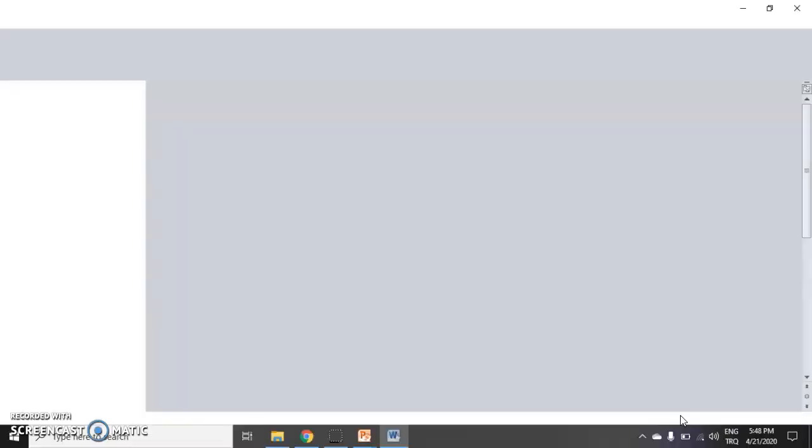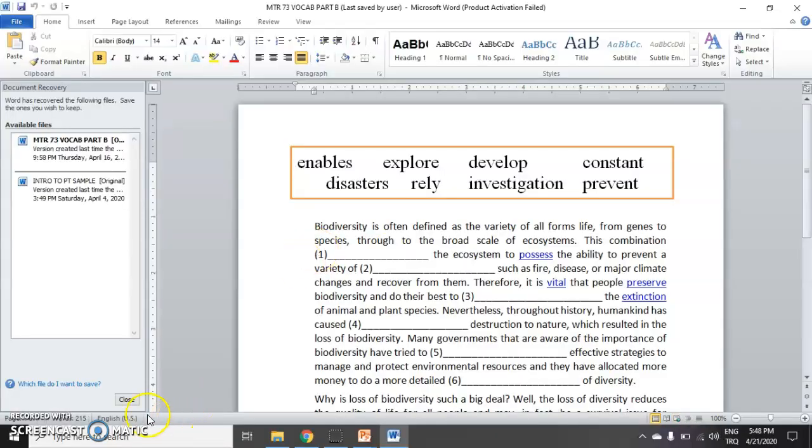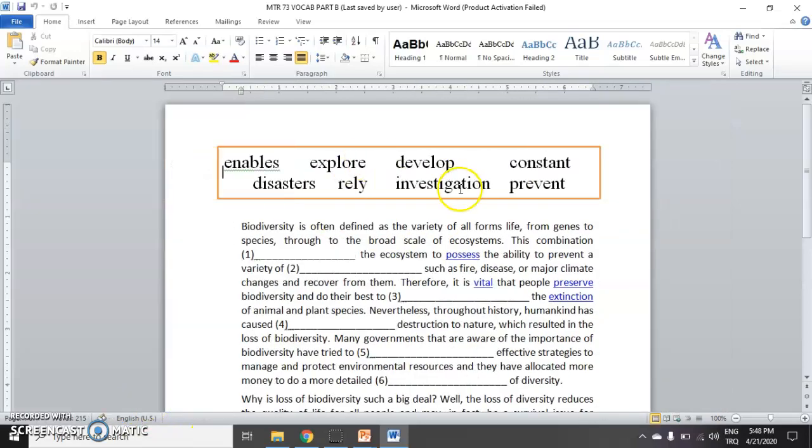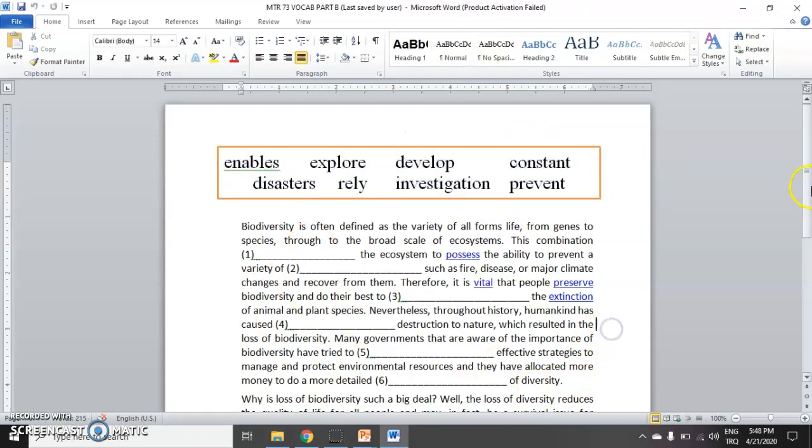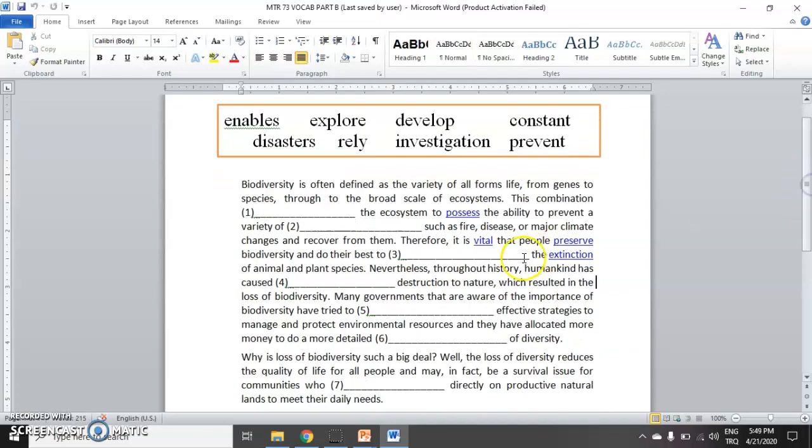To help you, I prepared the words like this. You need to use these words to put them into the blank. Now please spend about 10 minutes to find the correct answer. Before you decide on the word, please decide what we need in the blanks. For example, here, this combination, blah, blah, the ecosystem.